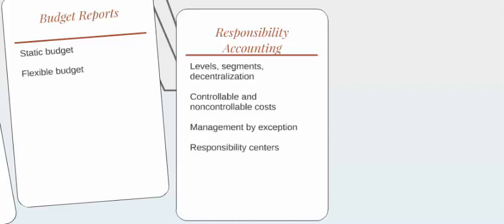You give them a certain level of responsibility. So again, the amount of decentralization will also impact how many different areas or levels that you have. But a lot of times when you hear that term segment, that could refer to a decentralized operation.